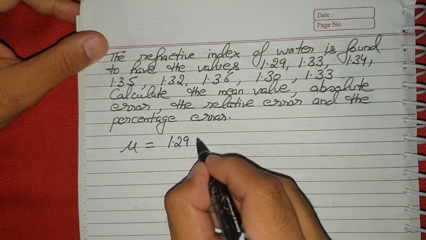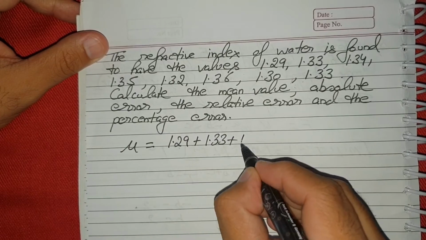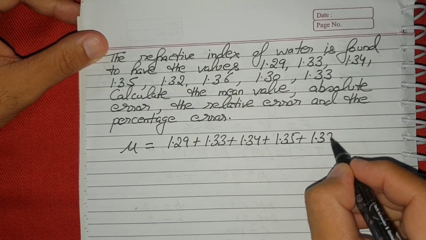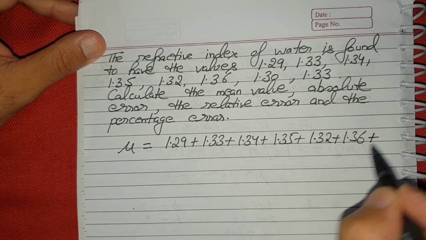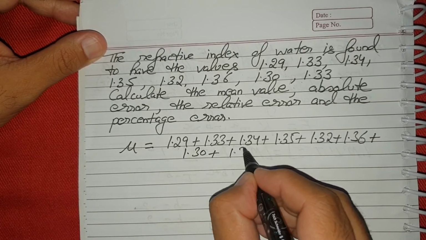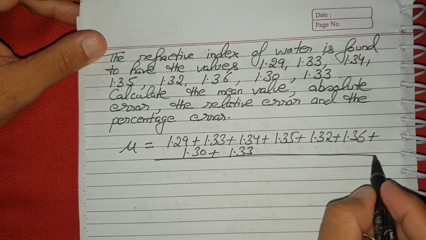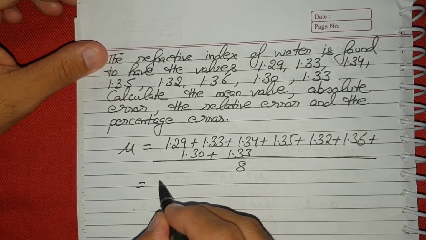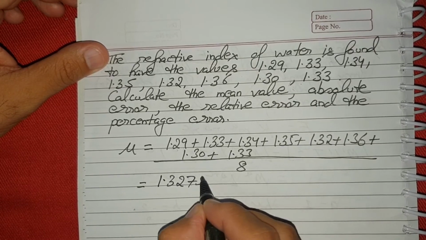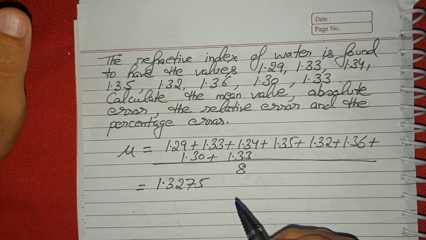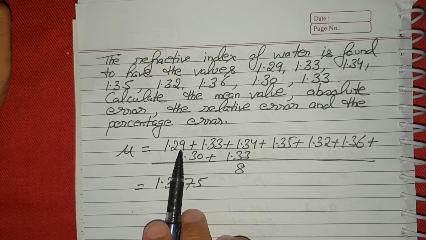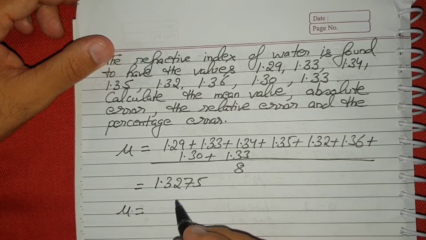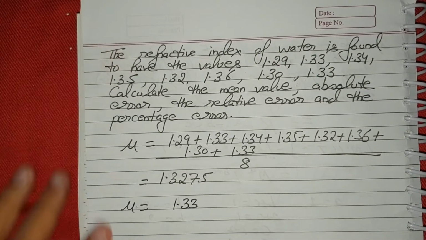So you add 1.29 plus 1.33 plus 1.34 plus 1.35 plus 1.32 plus 1.36 plus 1.30 plus 1.33 and divide by 8. The answer is 1.3275 on solving it. But that has to be rounded to 3 significant figures, which is the least one. So mu is 1.33. So this is the mean value.